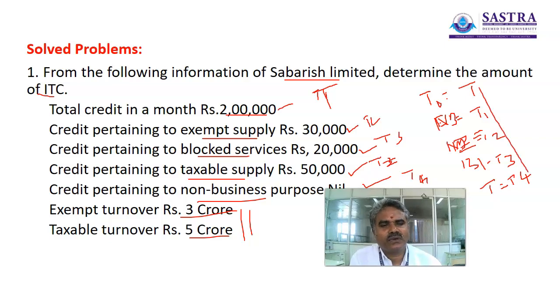All these 1, 2, 3, 4, 5 are very, very important. Total, non-business, exempted, then taxable, blocked. Okay.